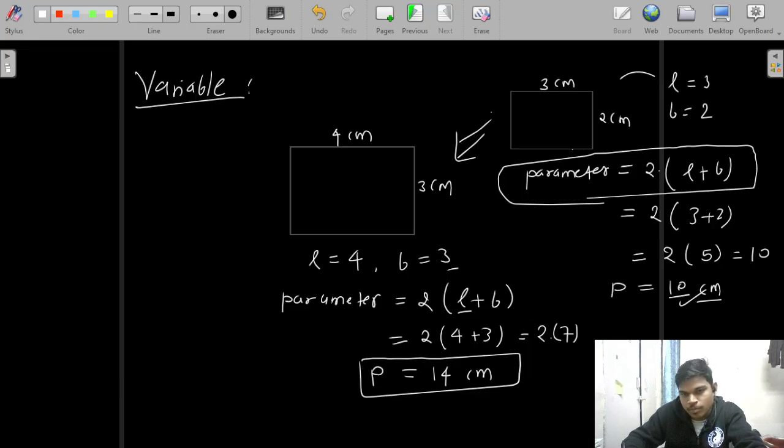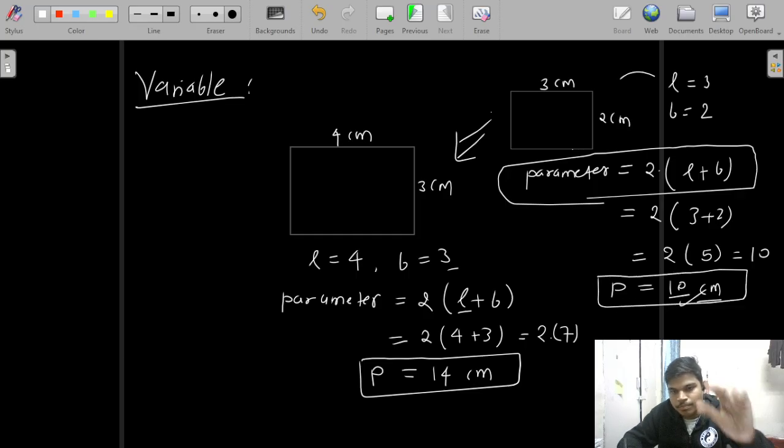Now your perimeter has changed. We calculated the perimeter for the first rectangle as 10 centimeter, and for this bigger rectangle it is 14 centimeter.